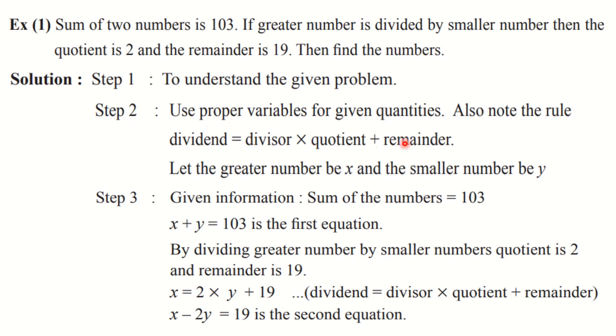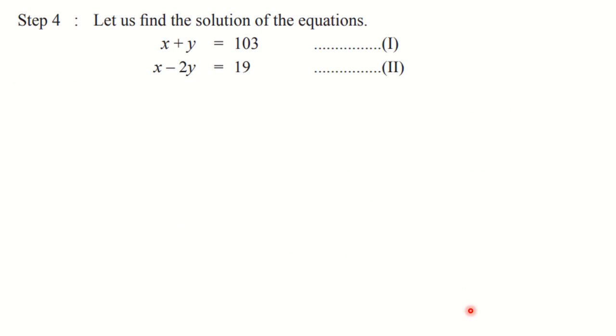In this formula we have substituted all the numbers and variables. So what we got here is x minus 2y is equal to 19. This is our second equation. So we have equation number 1 and equation number 2. Now the next step is to solve them.